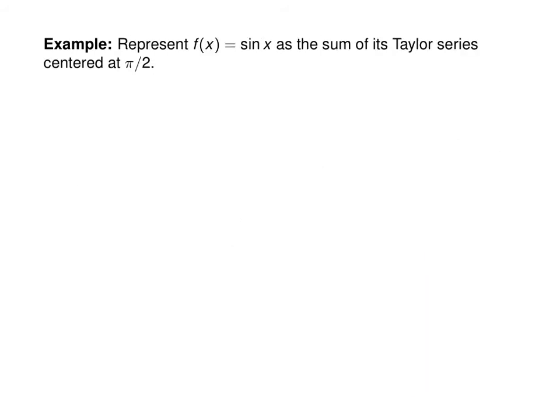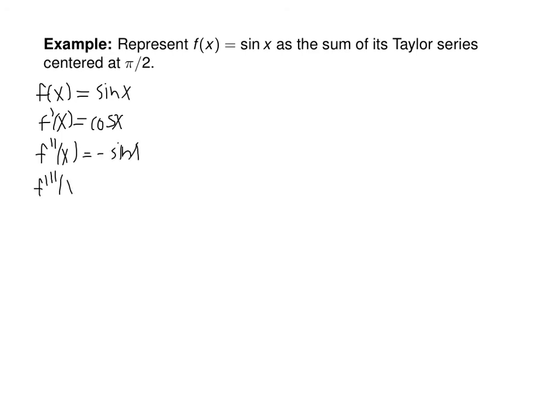So next, let's find a Taylor series for sin x centered at x equals pi halves, as opposed to the Maclaurin series, which is centered at 0. So we go back to our previous example, and I will just copy down all of our derivatives. So the function is sin x, the derivative is cosine x, the next derivative is negative sin x, and the third derivative is negative cosine x.